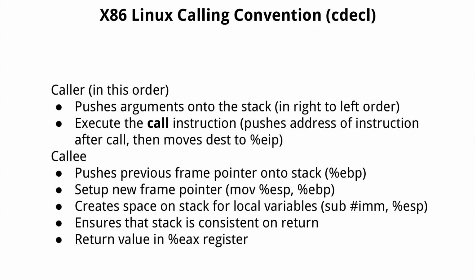But as a programmer, you never did that, right? So when we say it's g's job, it means the compiler will do the job. The compiler will generate the code to make sure g pushes the parameters a and 1 to the stack in right to left order. So we push 1 first, then we push a.